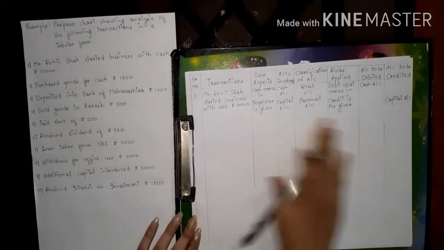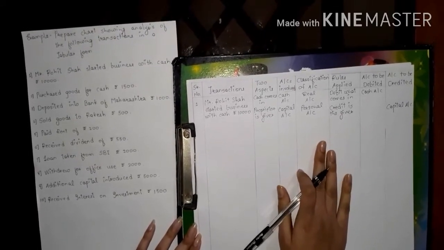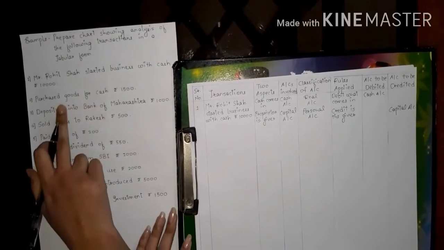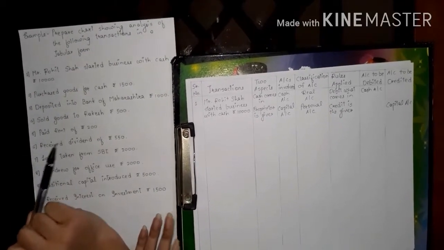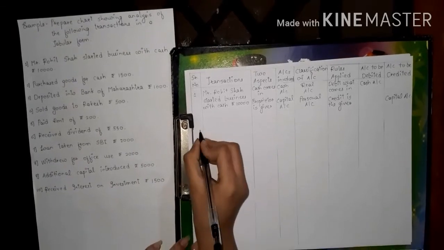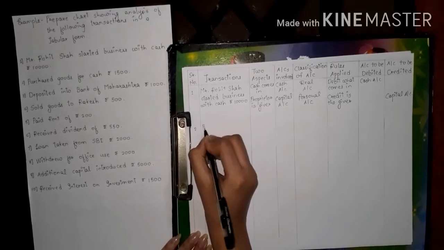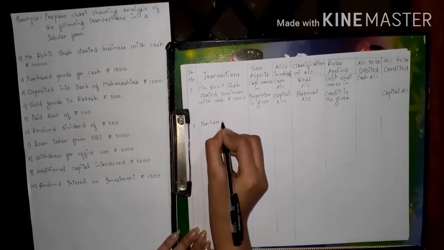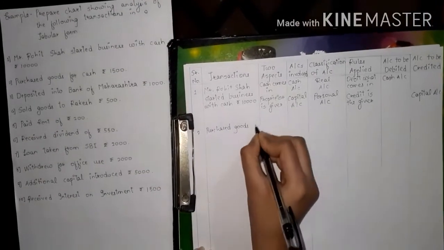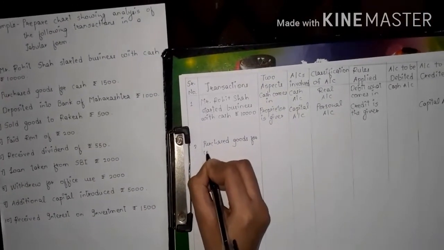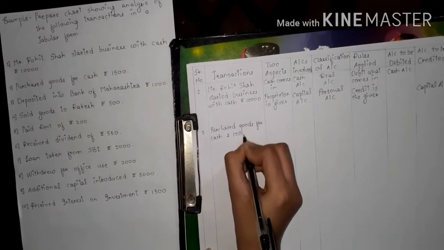Now this is how the first transaction is being solved according to the traditional approach. Now next transaction: purchased goods for cash rupees 1,500. We will again write over here, second serial number. Purchased goods for cash rupees 1,500.